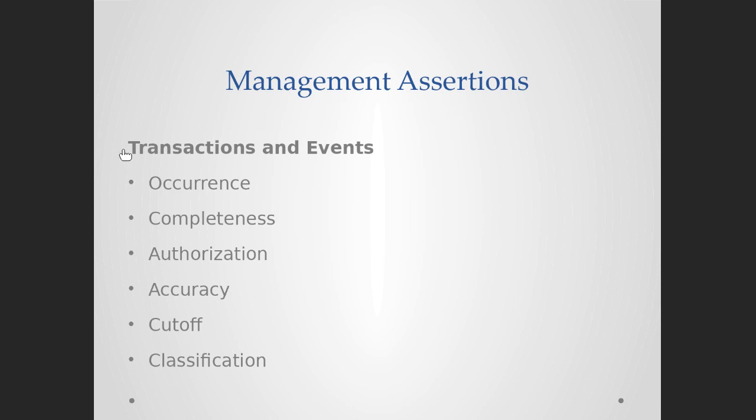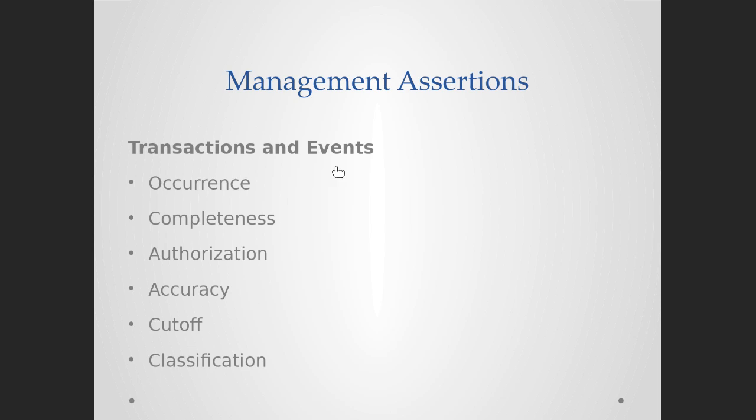Management assertions are certain guarantees that the company that you're going to audit is going to give you. The management assertions are those assertions, the guarantees that the client's management gives you about the financial statements. And these assertions are in three different categories.